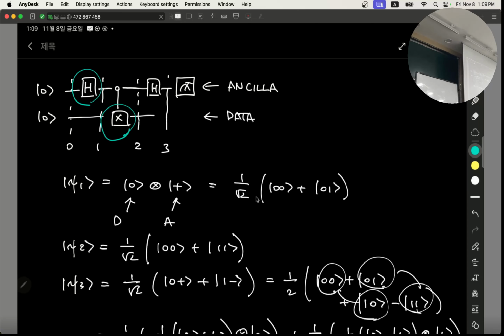However, if something happens on the theta qubit, then I may read the ancilla qubit as 1. If there was an error, then I get a different answer after I measure the ancilla qubit.